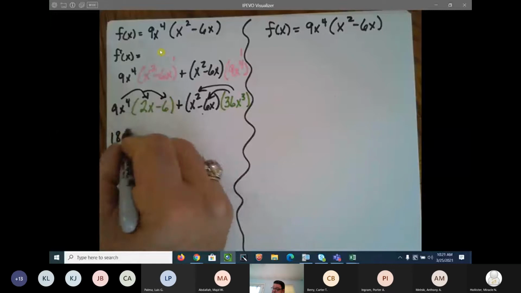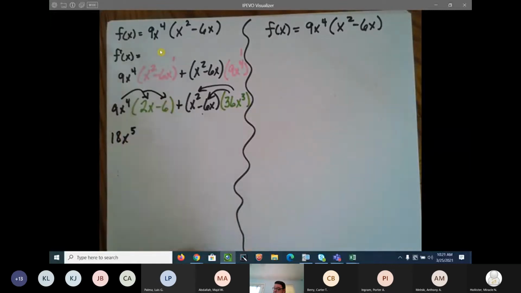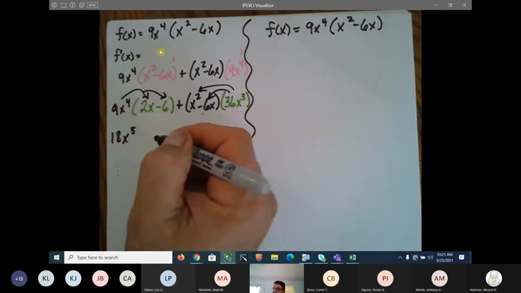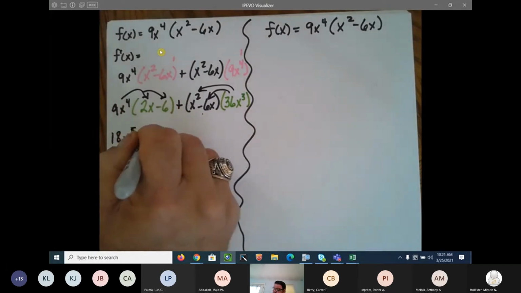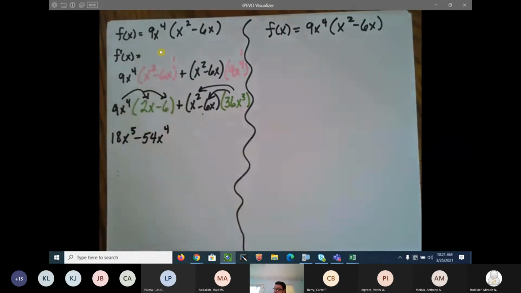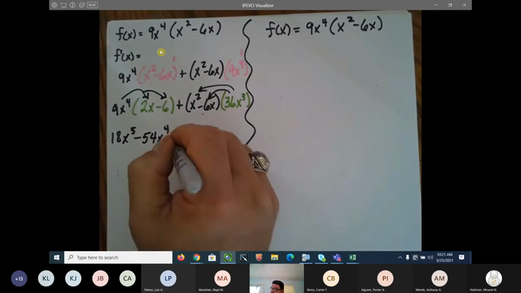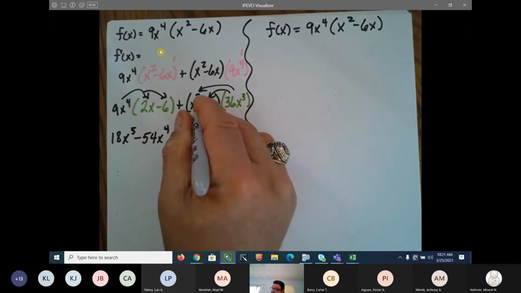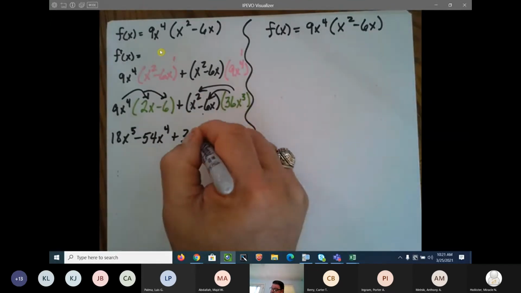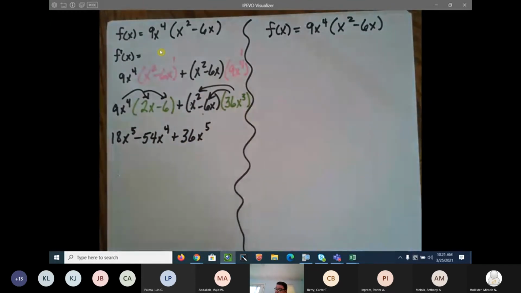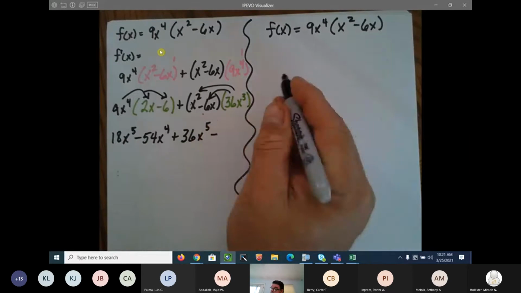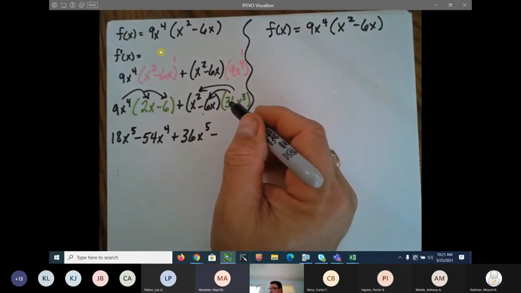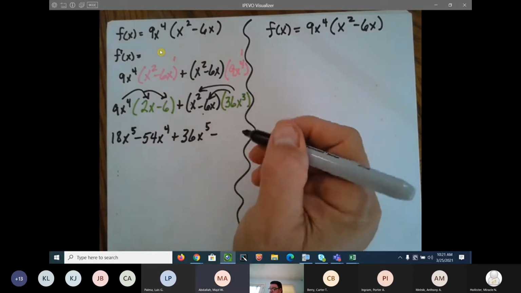X to the 4th times x is x to the 5th. 9 times 4 is 36, times 1 is 36. X squared times x to the 3rd is x to the 5th. Minus 6 times 6 is 36, then 9 times 6 is 54, so 216. Somebody check my math.